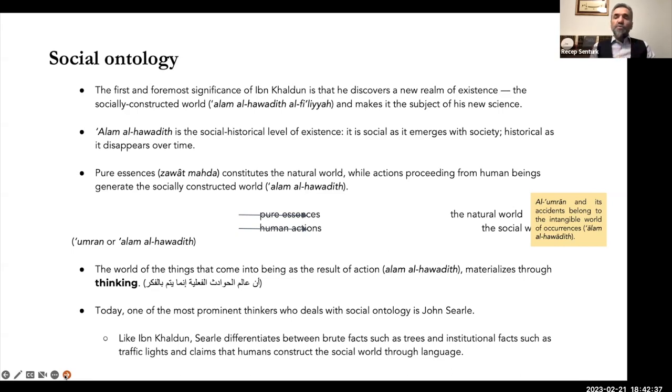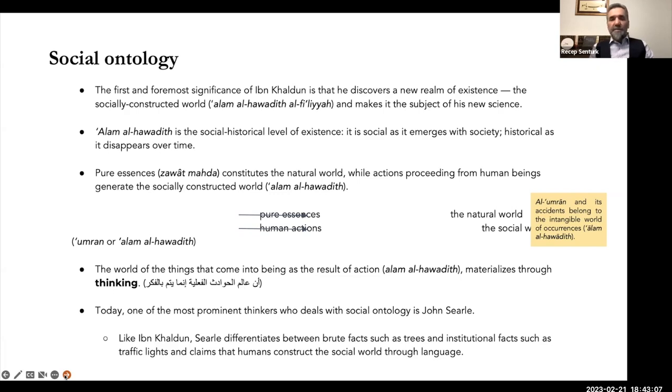So this is what we call social ontology. The first and foremost significance of Ibn Khaldun is that he discovers a new realm of existence, the socially constructed world, عالم الحوادث الفعلية, a world which is the outcome of human actions. And he makes this the subject of a new science.